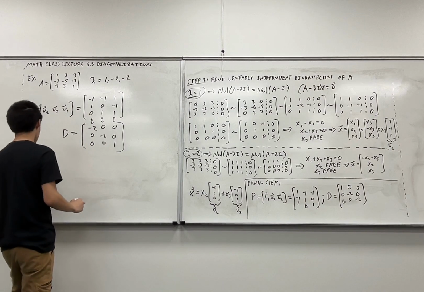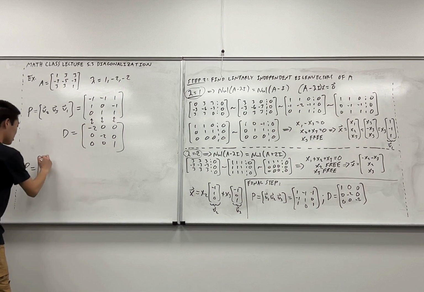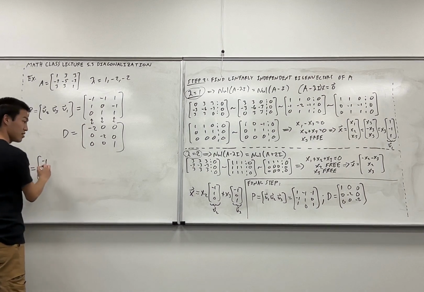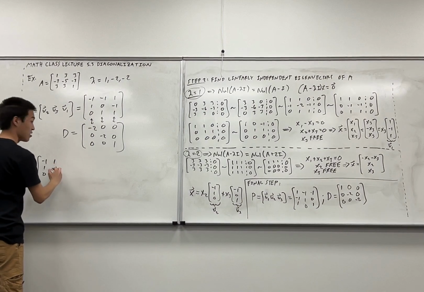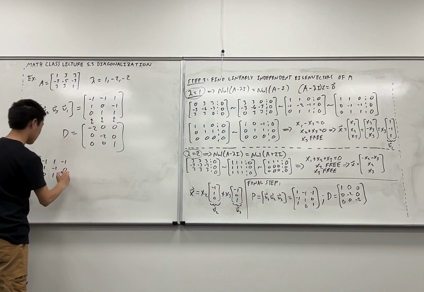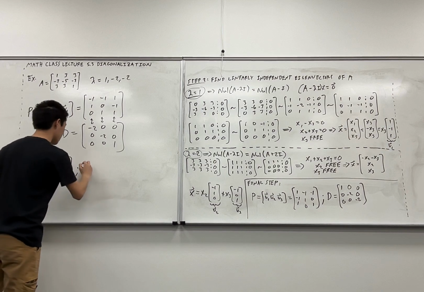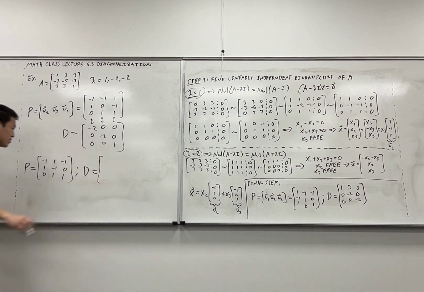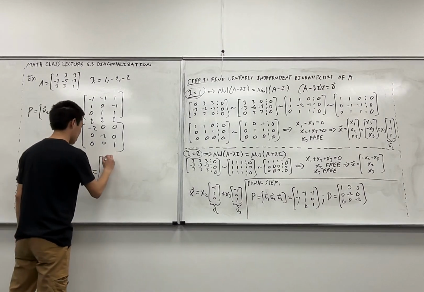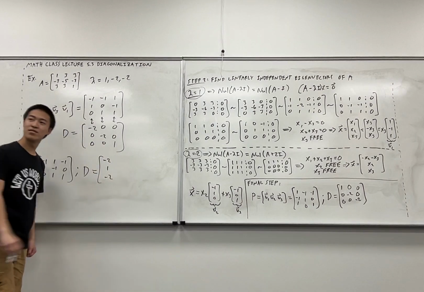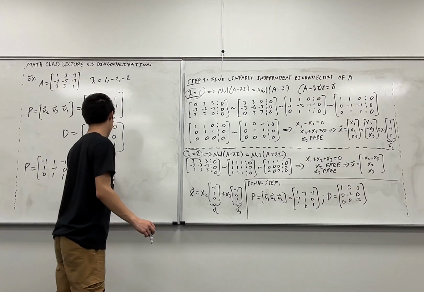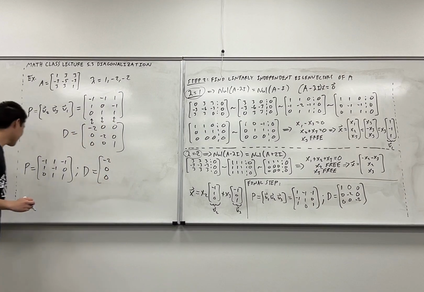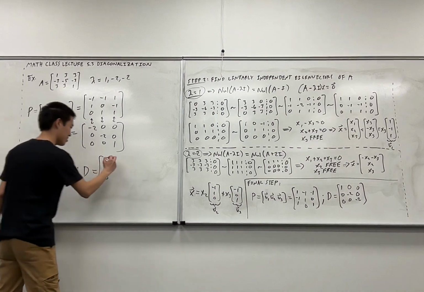If I had gone with -1, 1, 0, then 1, -1, 1, then -1, 0, 1, what is the necessary arrangement of my diagonal matrix to accommodate this? -2, 1, -2. So -2, 0, 0, then 0, 1, 0, and so on. What about the second? 0, 1.